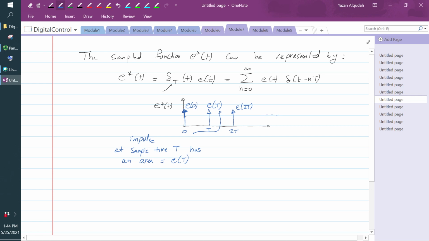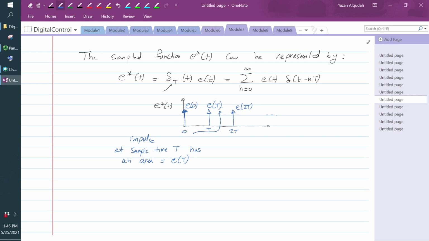So I can have all these impulses of the same height and just put the values E of T, E of 2T, whatever these values are. Or I can scale these impulses to indicate the value of E of T. Okay.